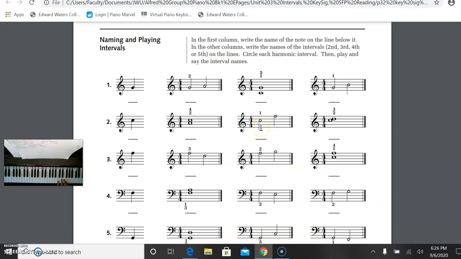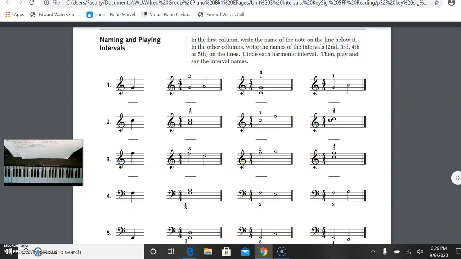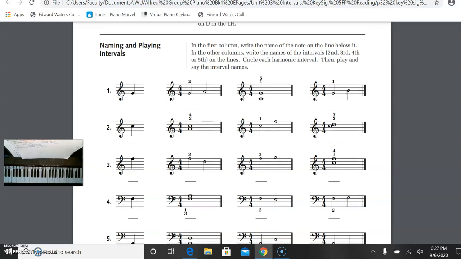And this is a melodic interval because they're separated. And then here we have a what? It's a second. So again, it takes time, but just look at your music or examples and see if you can point out what kind of interval you have, and see if you can get a little bit faster.